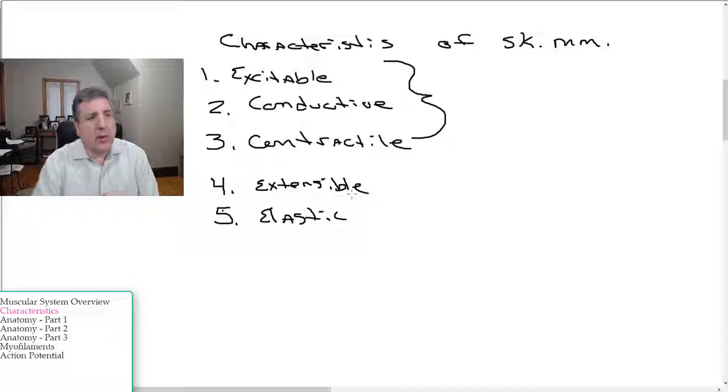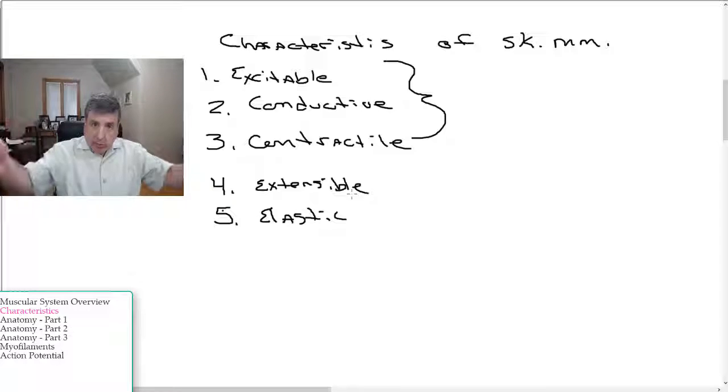So those are the 5 basic characteristics of skeletal muscle. It's excitable, it's conductive, we have the contractile ability. Those first 3 come together. It's also extensible, meaning it can stretch beyond its starting length, and it's also elastic, which allows it to go back to its normal length.